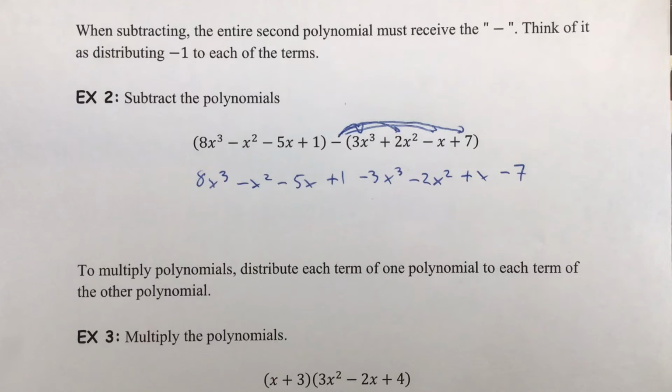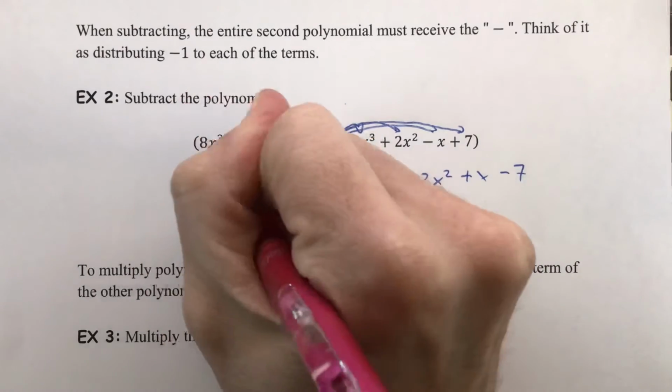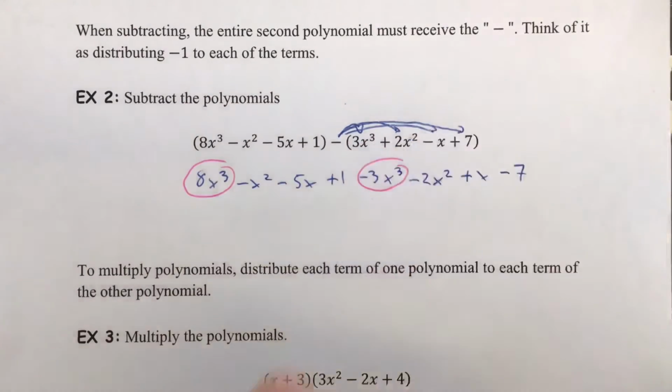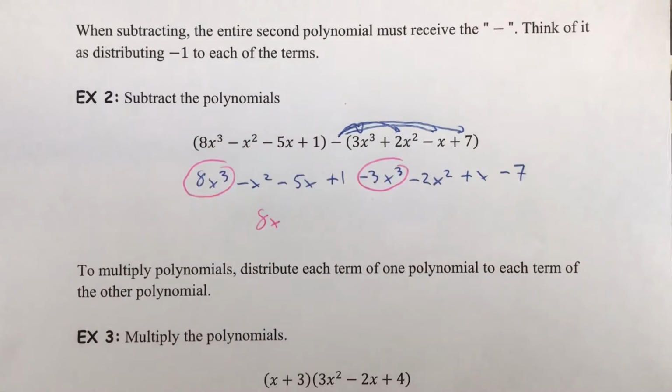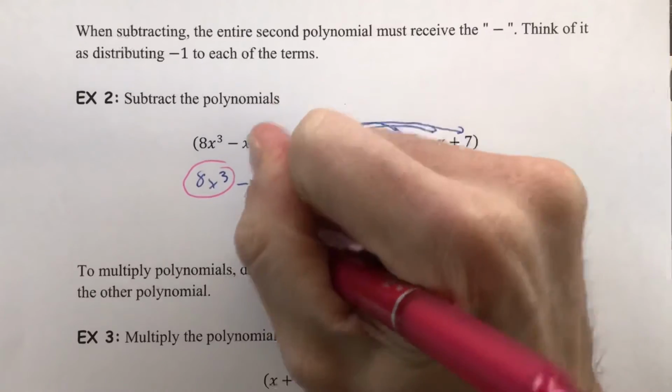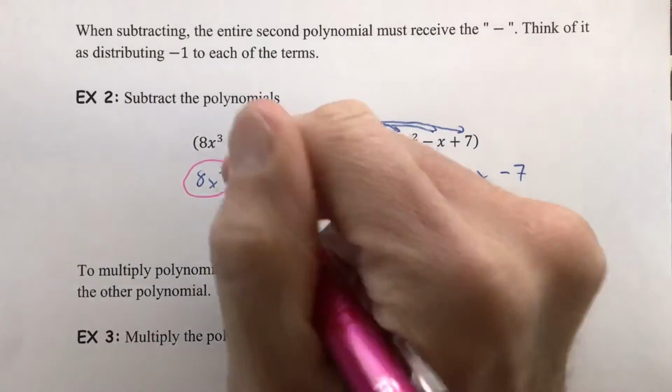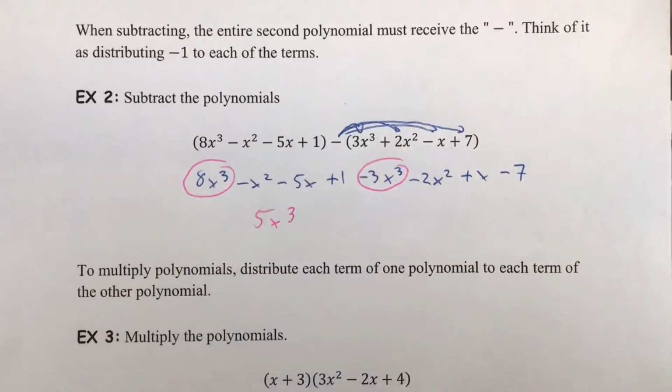So as advice, you should just go ahead and rewrite it. It does not take that long, but it shows you what the signs are, and then you don't need to worry about it when you start grouping the terms. Here are your cubed terms. Those group together as a 5x cubed.